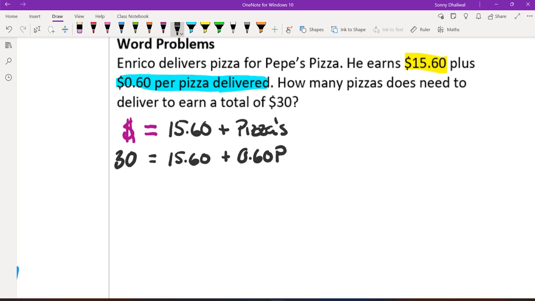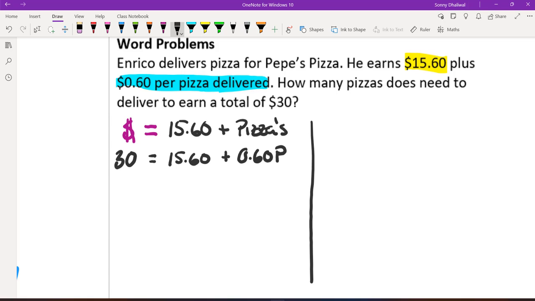So you sort of have to come up with an equation for whatever scenario is happening here. Okay. So now, off to the side, let's do it. We haven't solved this equation, but we'll rationalize it out in our head. How to solve how many pizzas he needs to sell to make that much money. All right. So if I was in grade 9 or grade 8 or even at home, the first thing I probably would do is go, okay, he wants to make $30 and he gets $15.60 for just showing up.